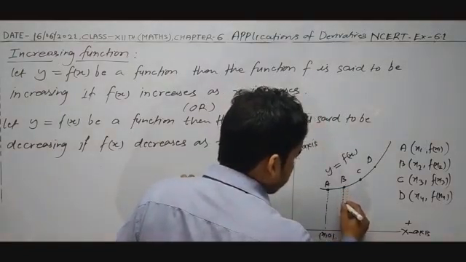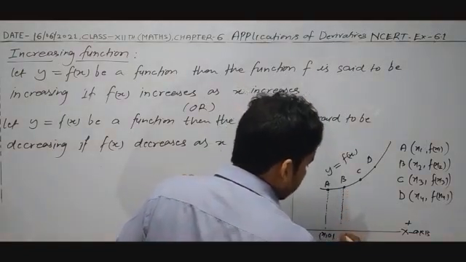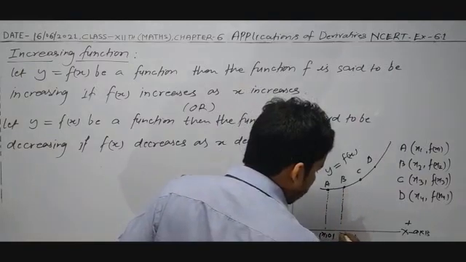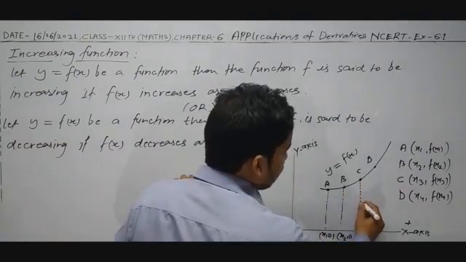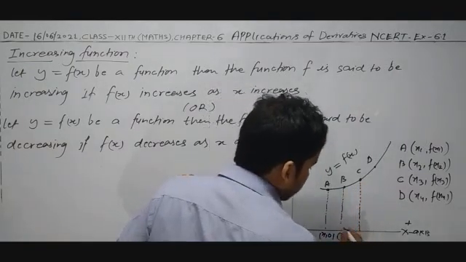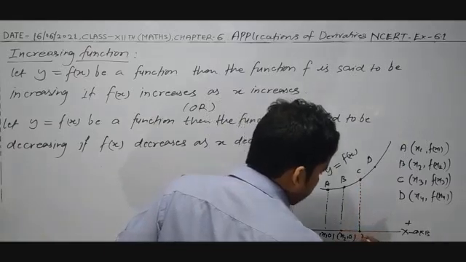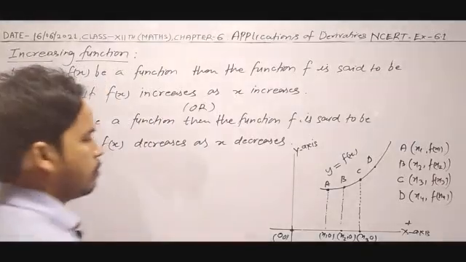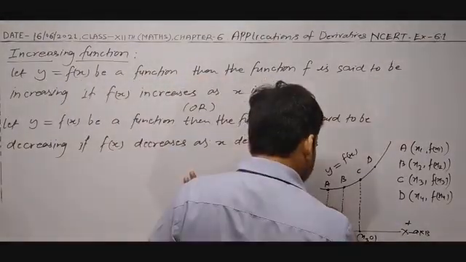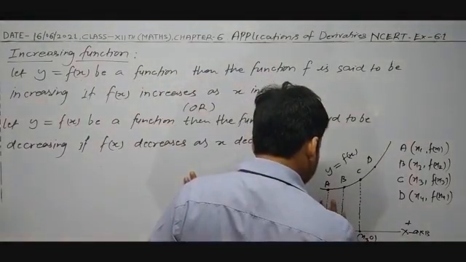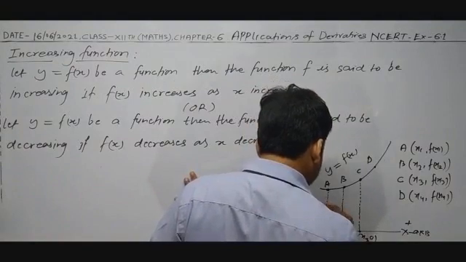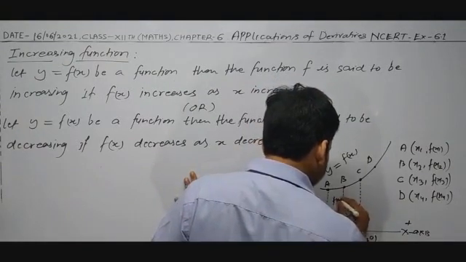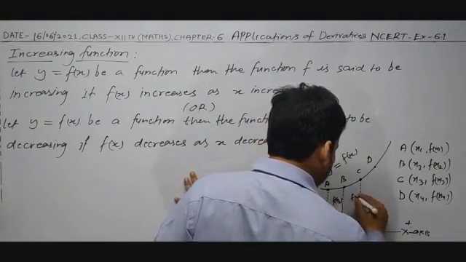Similarly, this will be the point x2 comma 0, this point will be x3 comma 0 and so on, and this is f(x1), this is f(x2), and this is f(x3).